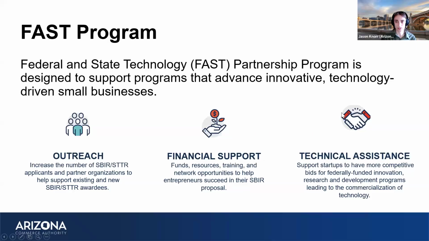The Federal and State Technology Partnership Program is a federal grant administered by the Small Business Administration that supports small businesses in research and development to advance innovative technologies. In particular, it is helping them through outreach programs like today's webinar, just to increase your knowledge of SBIR and STTR, and to improve the number of applicants coming from Arizona.